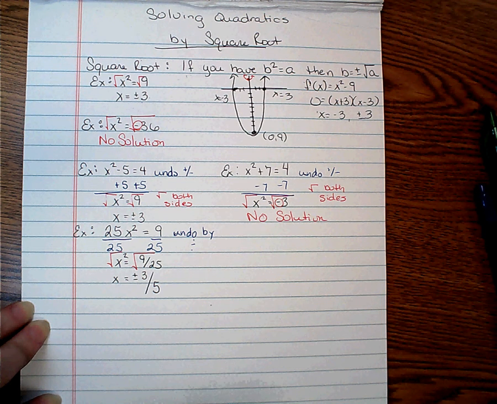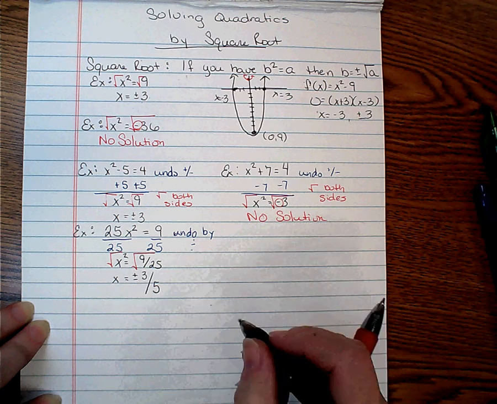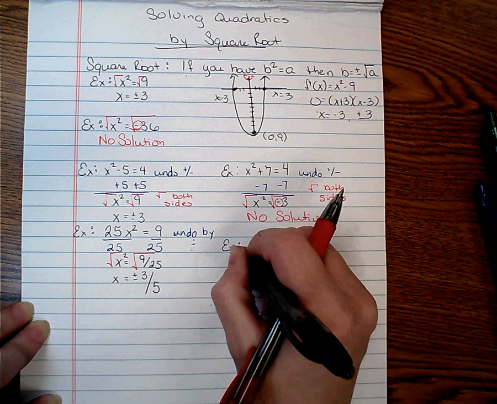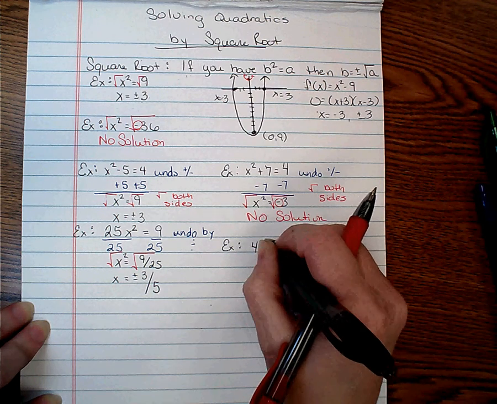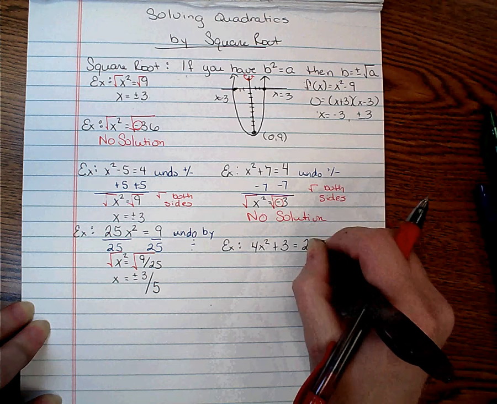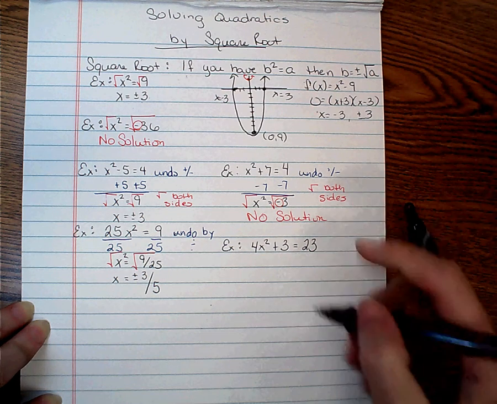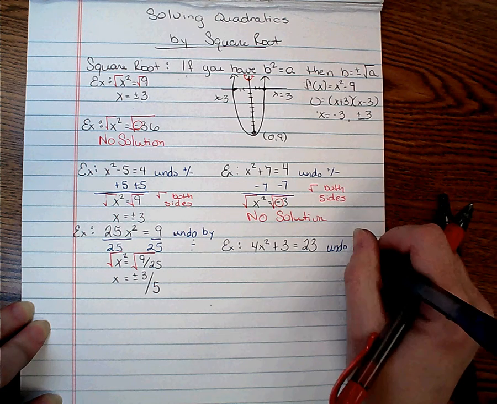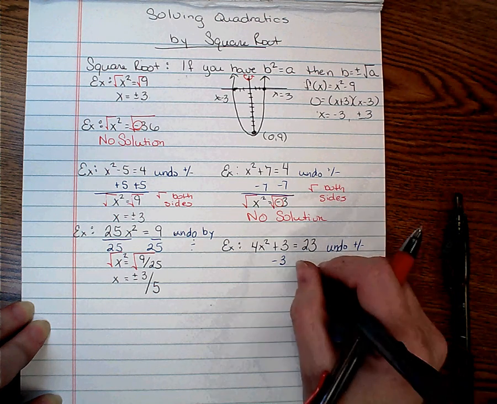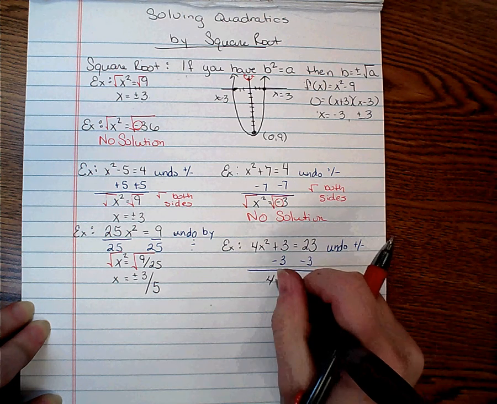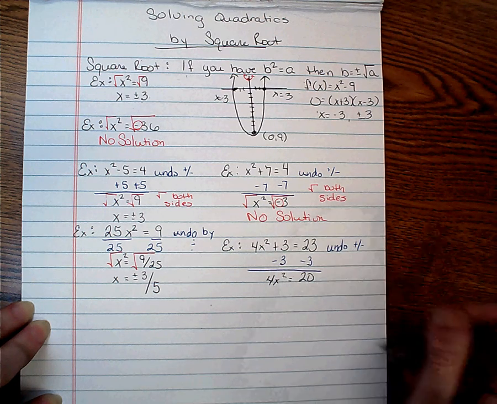Okay? Now let's put both of these things together. We can do 4x squared plus 3 equals 23. Let's undo addition first. So let's subtract 3 from both sides. And that gives us the problem of 4x squared equals 20.